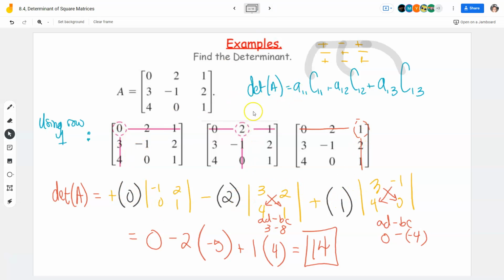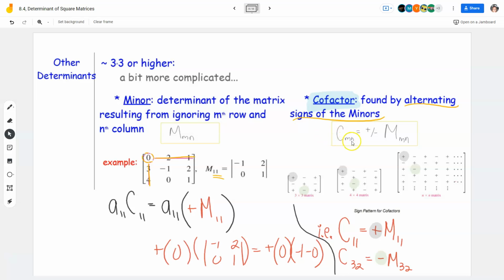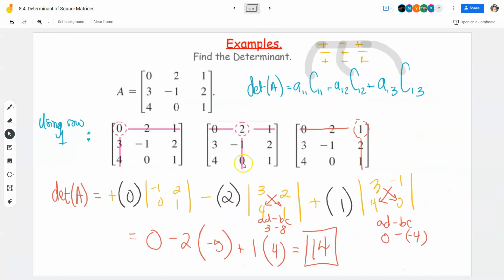So I'm literally filling in my A11, my A12, and my A13. My cofactor is, as we said, the appropriate plus or minus of the minor, being the little guy who's left over, his determinant. So that's why I had my cofactor have an appropriate sign, and the minor, the appropriate sign, and the minor, the appropriate sign, and the minor, but be careful, not the minor, but the determinant.